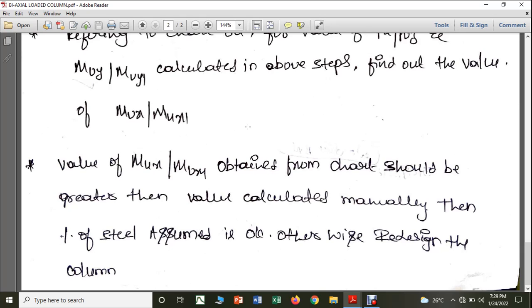By incorporating the effect of both moments, the moment along the shorter dimension and the moment along the longer dimension, we calculate the stresses. From the stresses we calculate the corresponding area of steel required, and from that we finally give the number of rods required for the column.